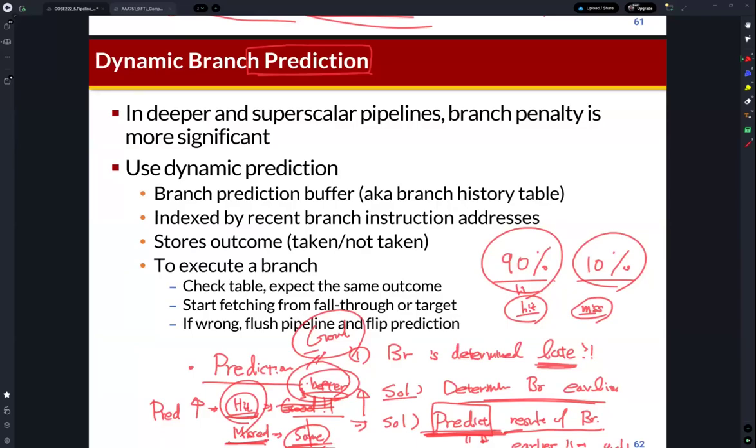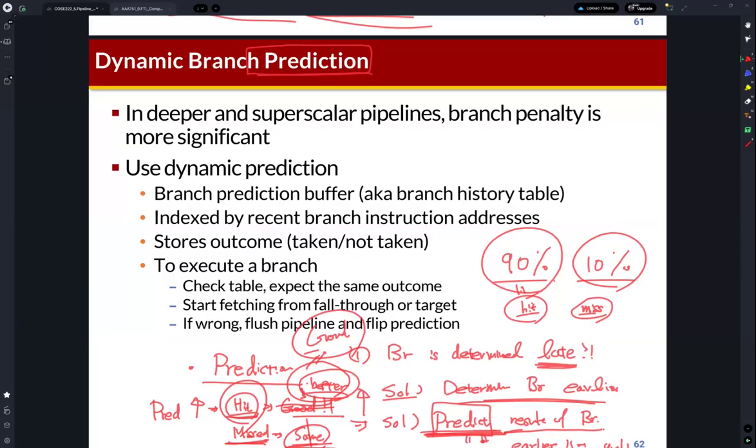We don't know the future event exactly, right? But we can predict the result of the future event with a high probability. In branch prediction, the prediction rate is actually very, very high, right?